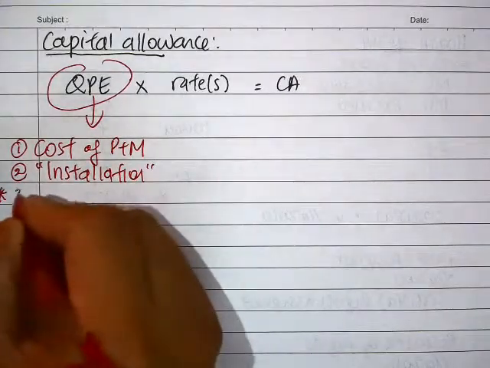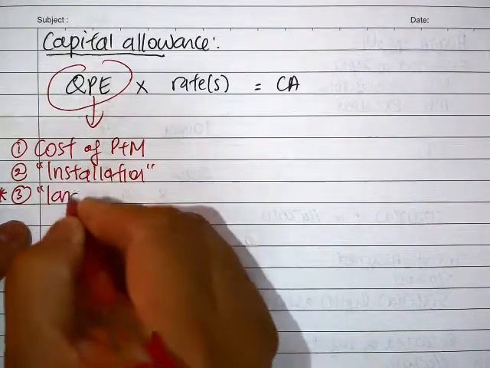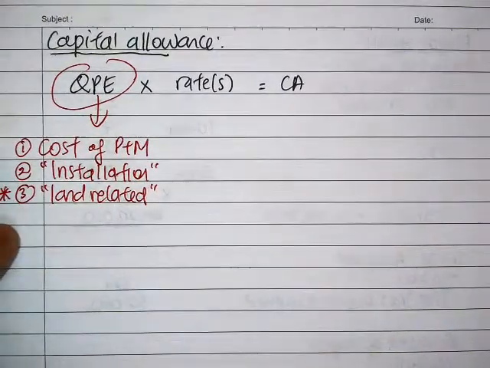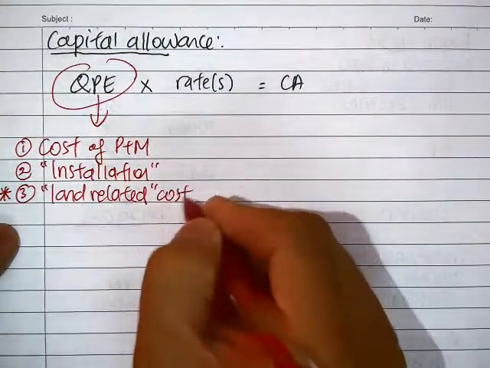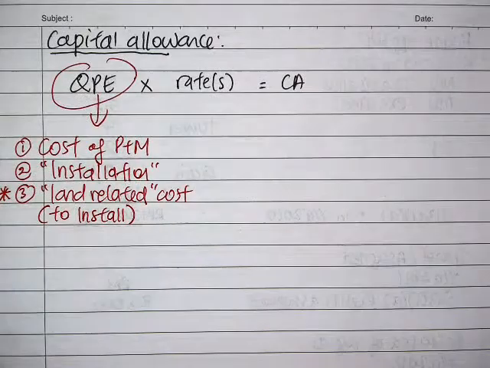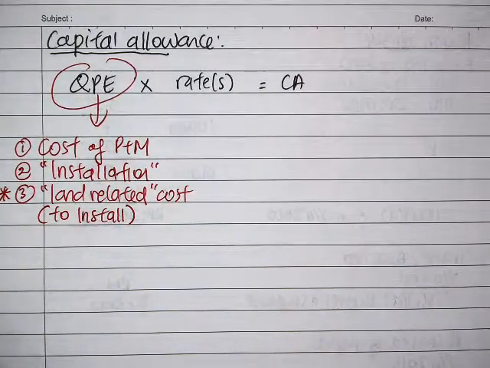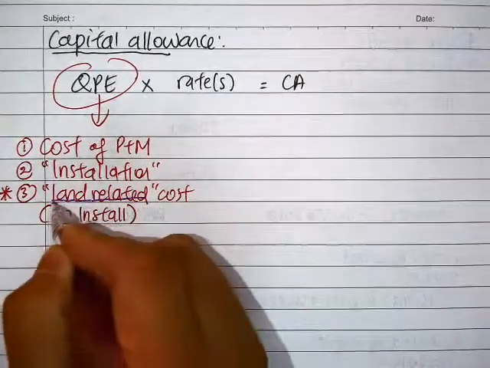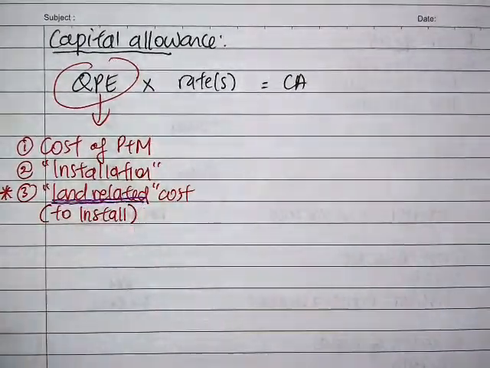Okay, then there's one more that we call the land related costs that you need to prepare a site so that you can install the asset. Okay, now the land related costs, like you can level land, tunnel land, clear the land, cut the land, these kind of things.